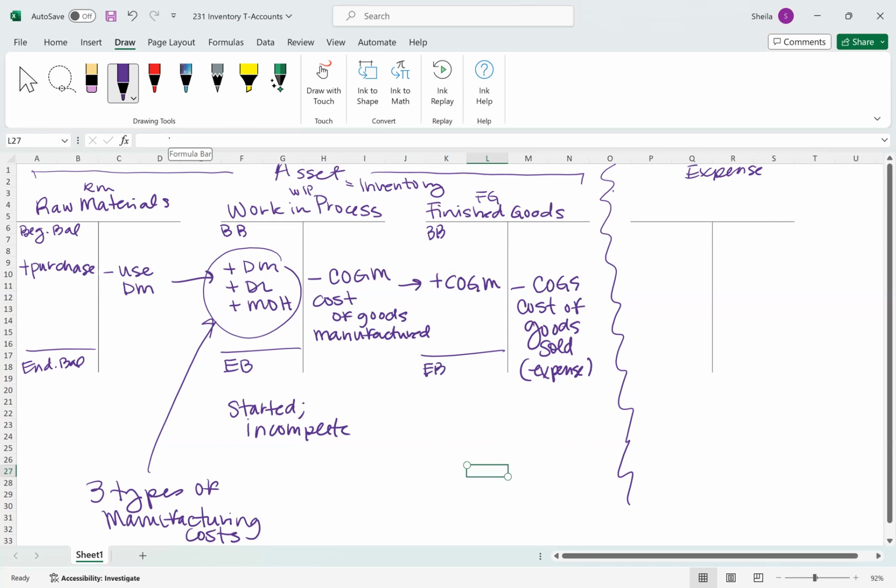As we wrap up this flow of costs, cost of goods sold now increases this expense account. So here's our cost of goods sold. Remember, this is referred to as COGS, increased by whatever costs we're reducing our finished goods by.